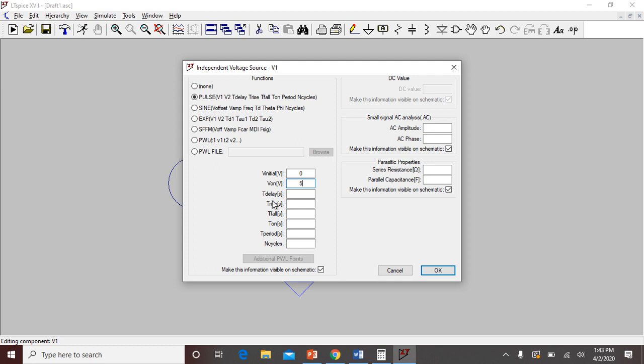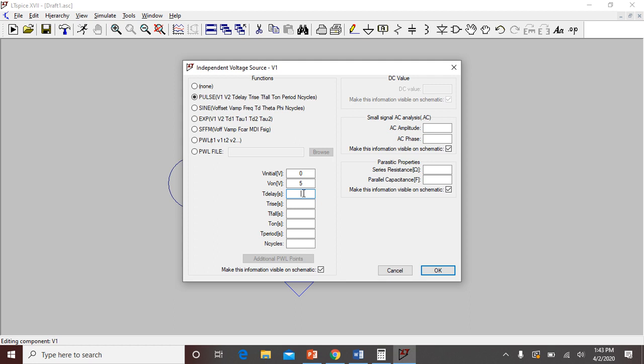T delay is the time delay taken by the supply to supply its voltage. When we switch on our supply, there is some time delay taken by the supply to supply the voltages. This time delay is very minute, but it still exists.